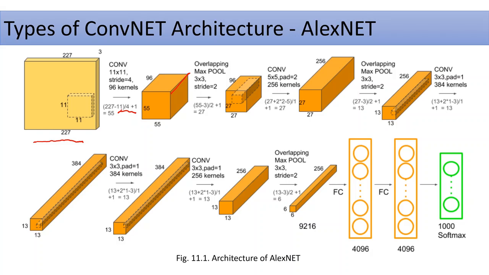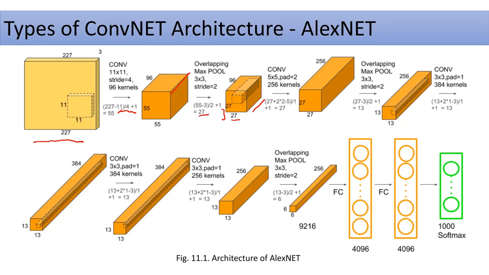Then we do a max pooling, which is a 3 by 3 kernel, and we are going to use stride equal to 2. So again, applying the same formula, we get our feature map size to be 27, and therefore we get a 27 by 27 dimension of our feature map. As you all know, when we apply max pooling, the depth does not change. So this here remains 96.